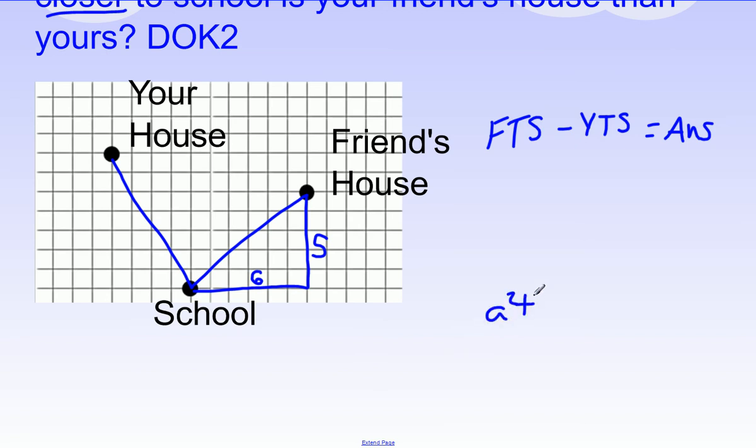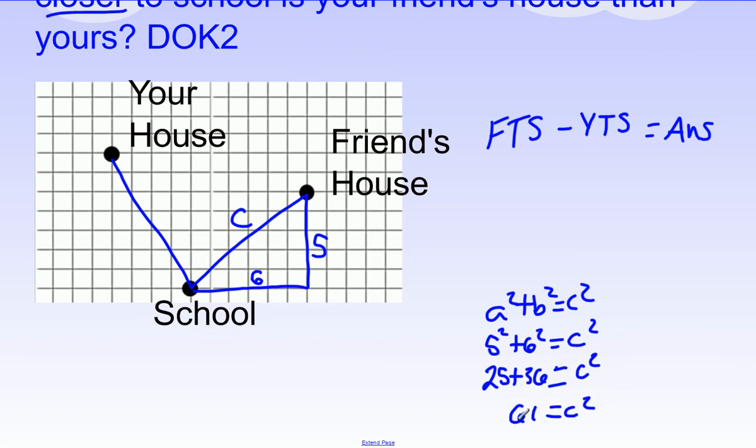So that gives me a squared plus b squared equals c squared. I do not know the hypotenuse. I know these sides are 5 and 6, giving me 25 plus 36 equals c squared. And that gives me 61 equals c squared.